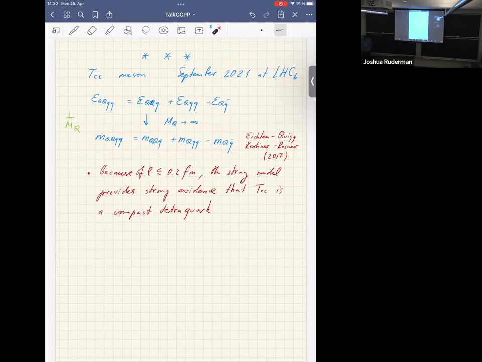And the point is that if the estimate is true, and what I told you is also true, that means that this TCC is indeed compact, because this relation is valid for very small quark separations. It's strong evidence that the meson TCC is a compact tetraquark.